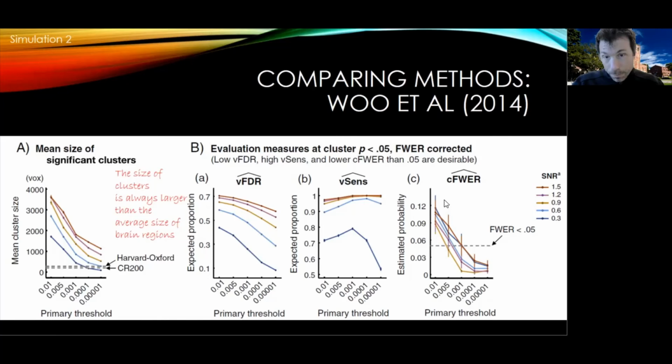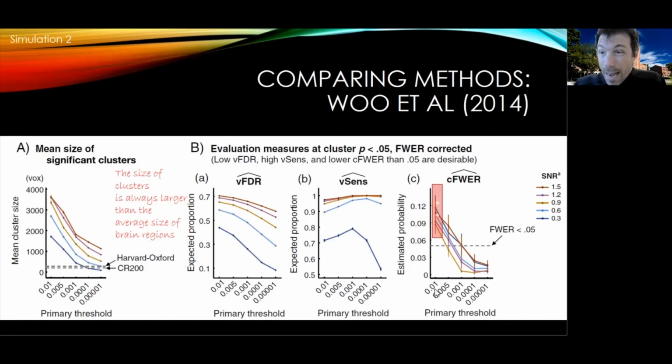Turns out, most of the time, if you have a threshold of 0.01, which is 2.3, or I guess 2.7, which is 0.005, you still get error rates above the nominal error rate for clusters. Now, only the first one is significantly different than 0.05.